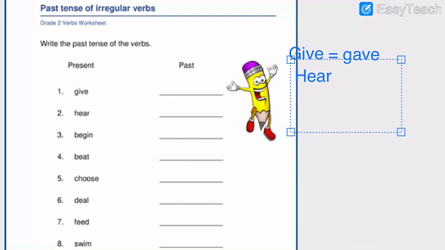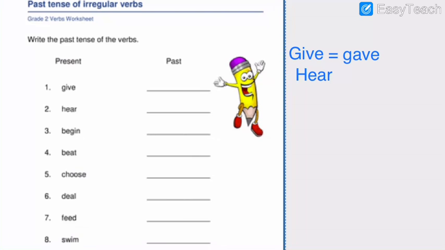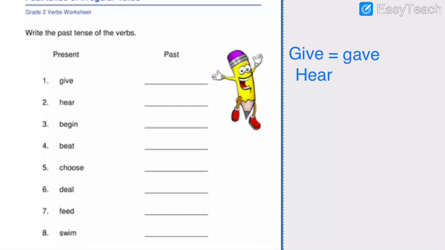Now, students, what do you think? What will be the past form of the verb hear? Have you all written the answers? I hope that you have written. So, before this, we have just solved the past form of hear in the previous exercise number 3.